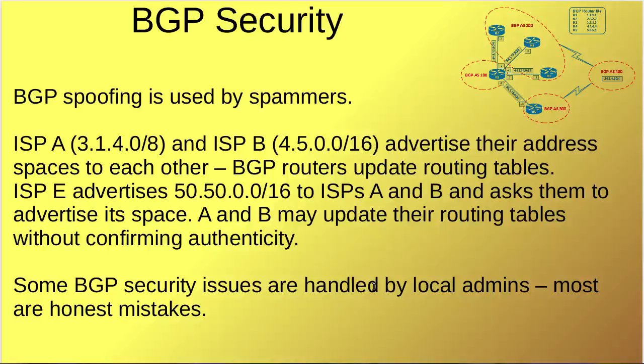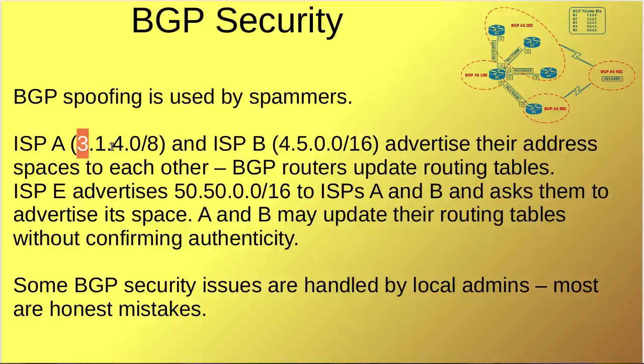So how can we make things secure at the border gateway protocol? It turns out it is actually pretty vulnerable. It is getting better. It was vulnerable for a good long time, and BGP spoofing was used by spammers quite a bit. For example, if you have an ISP A which is at this network address, 3.14.0.0/8, this is using CIDR notation, which means the network address is the first 8 bits, that's the first octet.